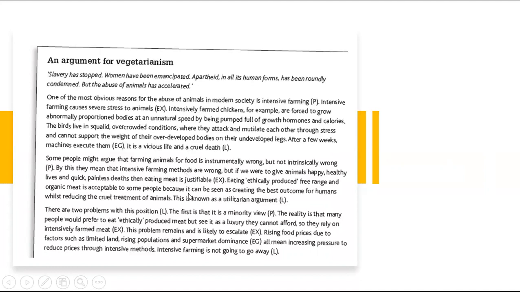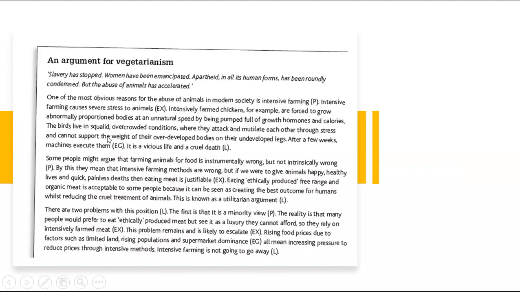This same pattern is repeated in the second paragraph, so don't feel like you have to change it up. P-E-E-L happens in that order for all the paragraphs. So the point of this paragraph, some people might argue that farming animals for food is instrumentally wrong, but not intrinsically wrong. Point made.